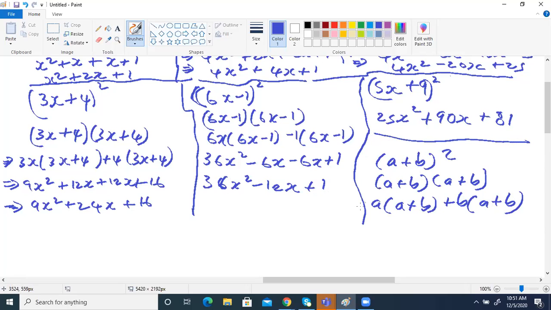We get a squared, ab, ab, and b squared. So this becomes a squared plus 2ab plus b squared, right?